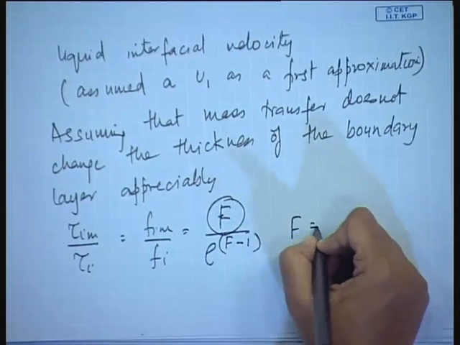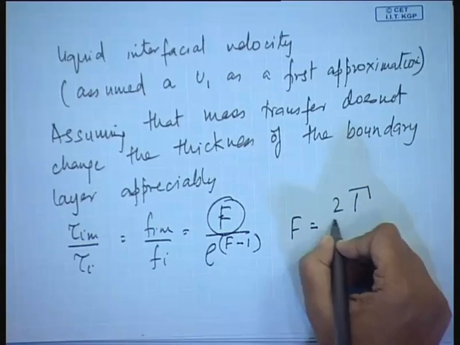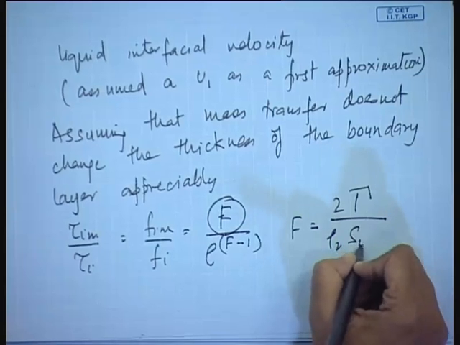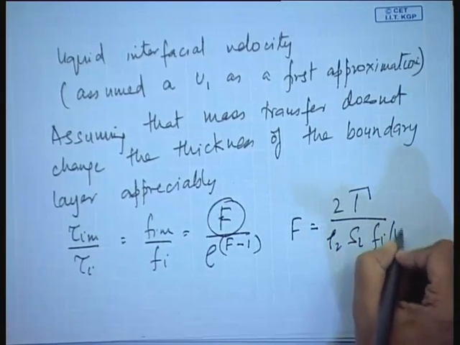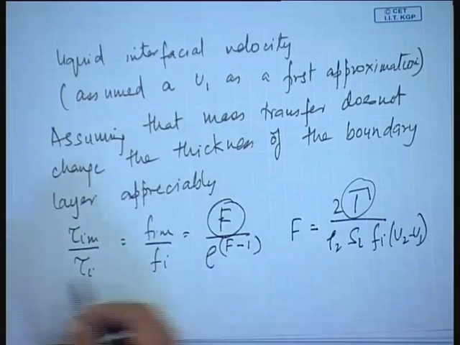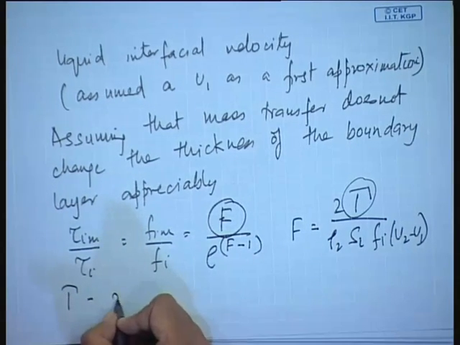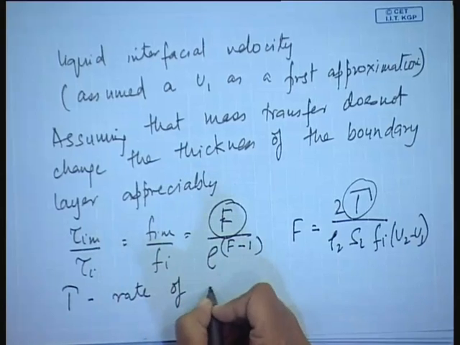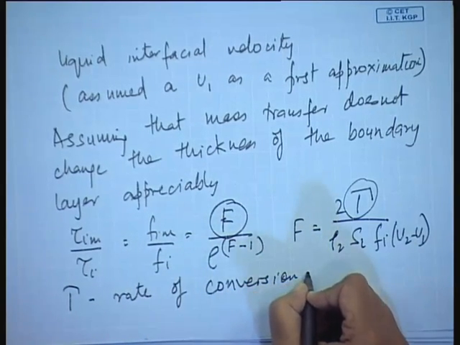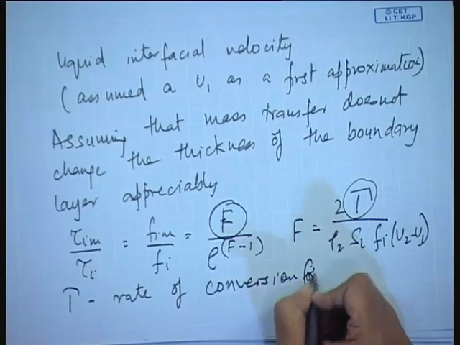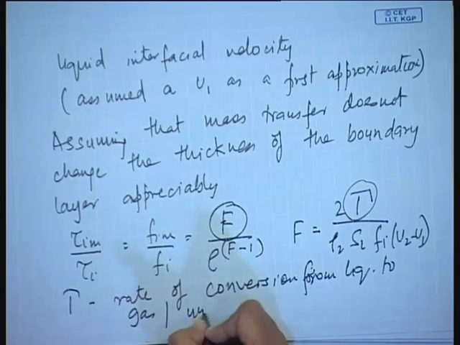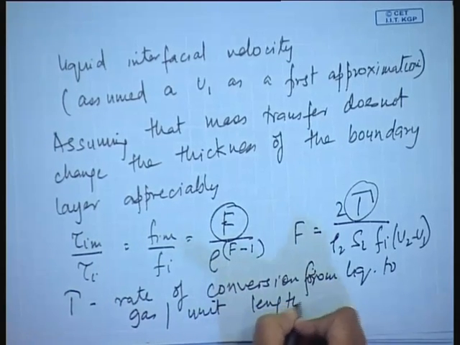this can be written down as 2 gamma by rho 2 SI Fi u2 minus u1, where we know that this gamma is nothing but the rate of phase change, or rate of conversion, or rate of mass transfer from liquid to gas per unit length.